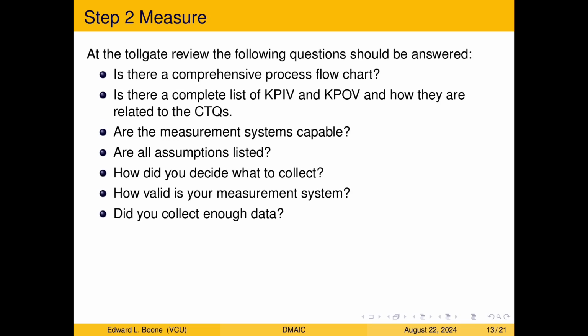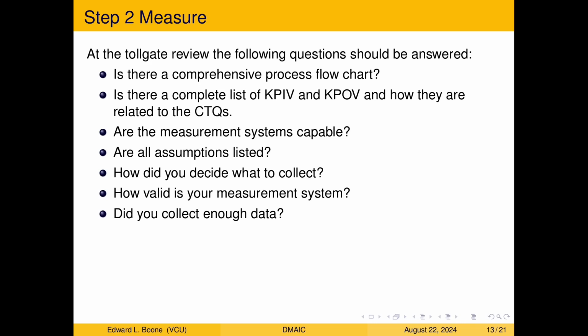the goals ultimately. So at the tollgate review, the following questions should be answered. Is there a comprehensive process flow chart? Do we know how things go from A to B? Is there a complete list of key performance input variables and output variables, and how are they related to the critical to quality control variables?